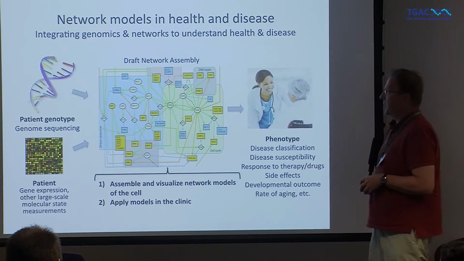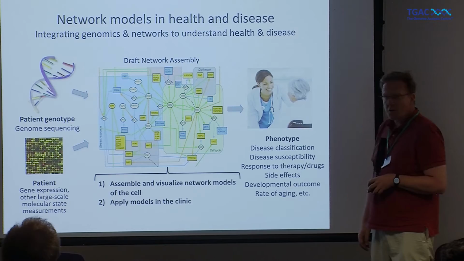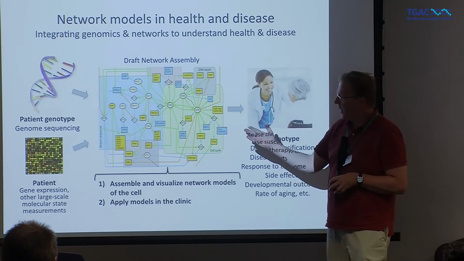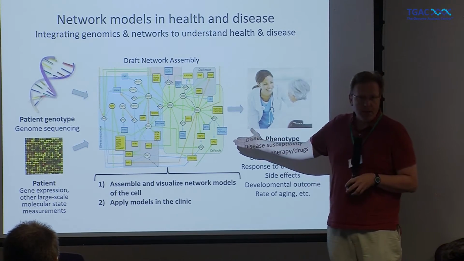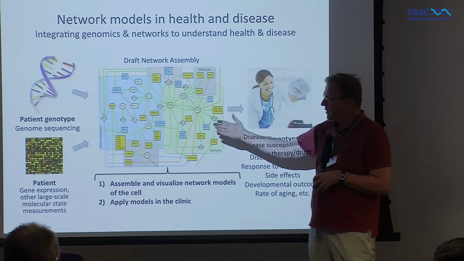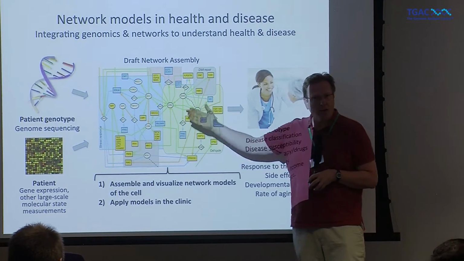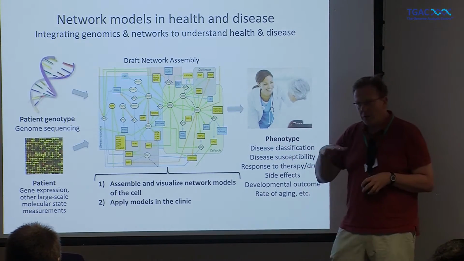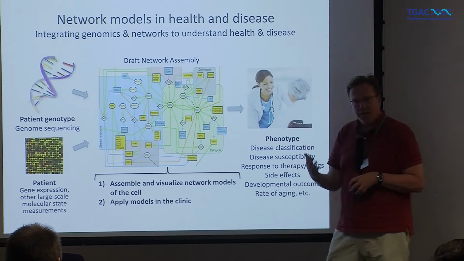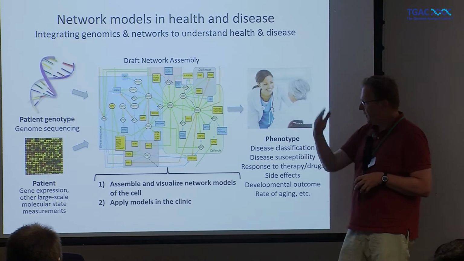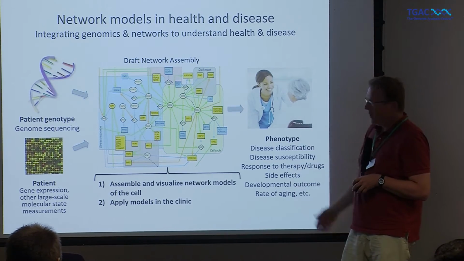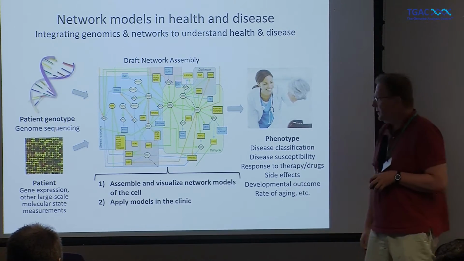So just very briefly, the general framework in which we view our work is this one, in which we are trying to use many times network models, but also other types of models, in order to connect the molecular measurements that we can make, often on the low levels or medium levels in the hierarchy of biological complexity, to connect them to phenotypes that matter.